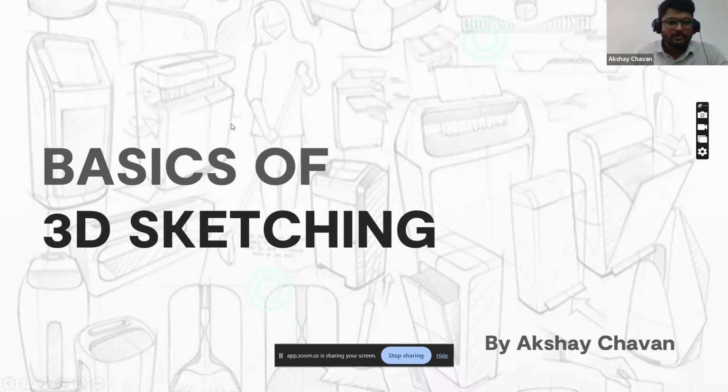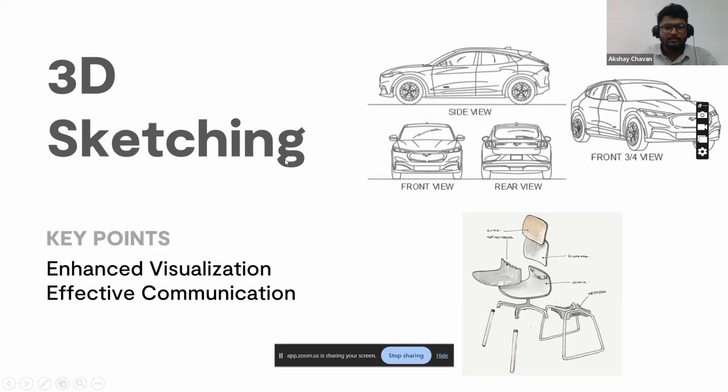So for today's webinar, the topic is basics of 3D sketching. Sketching is a basic skill used to communicate your ideas in any branch of industrial design. What is the importance of 3D sketching?